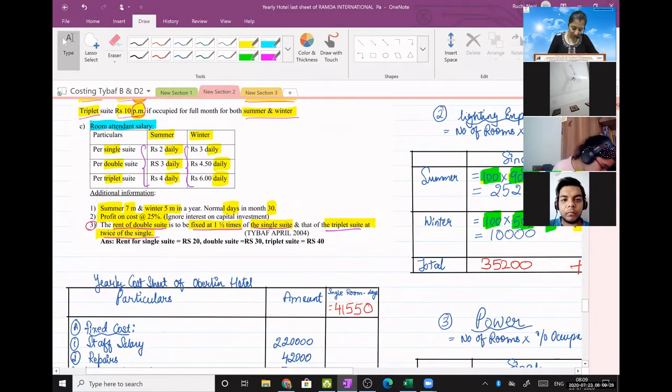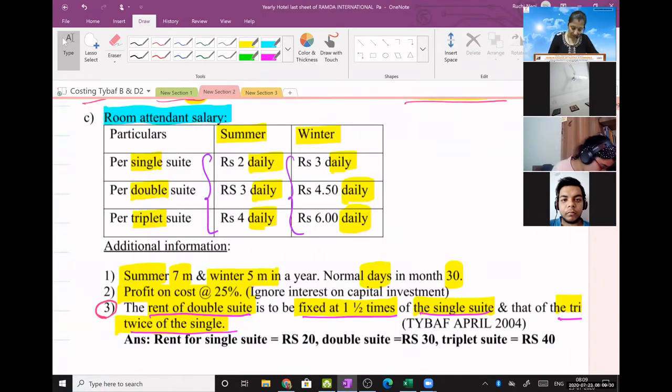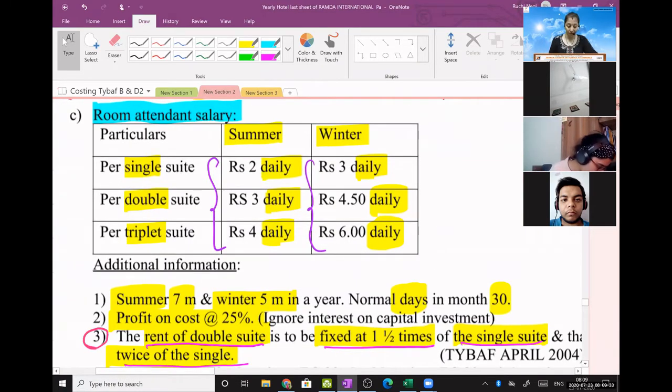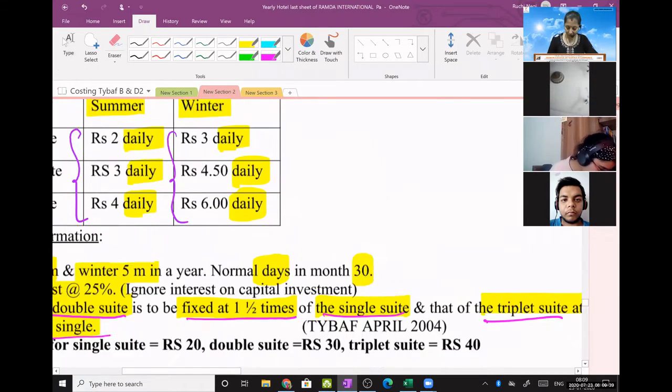See, the rates are different. Room attendant salary: summer 2, 3, 4 and winter 3, 4.5 and 6.